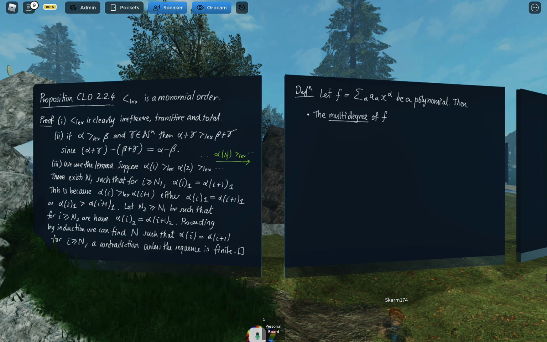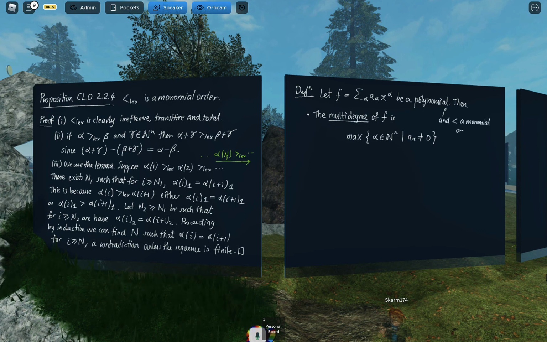The multi-degree of f is, well, take all the monomials or exponents with a non-zero coefficient in f, or what's the same, take all the terms of f and take the monomials in those terms. And then that's a finite set, and since we're given a monomial order, all of this depends on a monomial ordering.